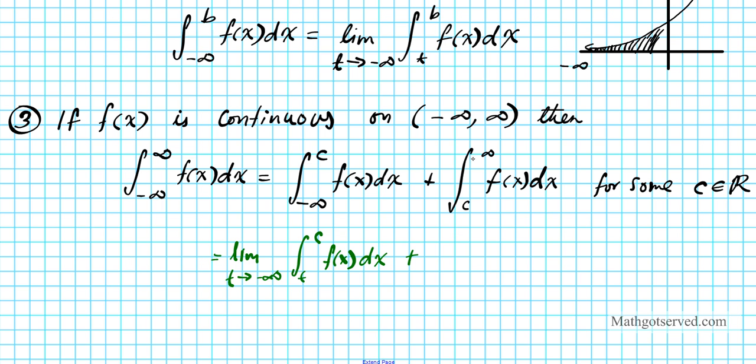Plus, we have to use a limit here because the upper limit is at infinity, so we can only approach it. We can't get there. So, the limit as t approaches infinity of the integral from c to t of f of x dx. If both limits of integration are at infinity and negative infinity, then you have to do more work. So there you have it.